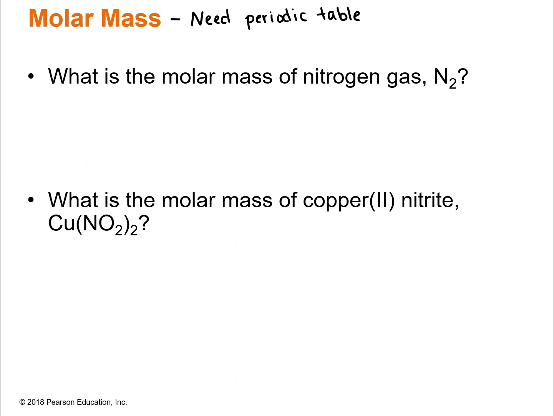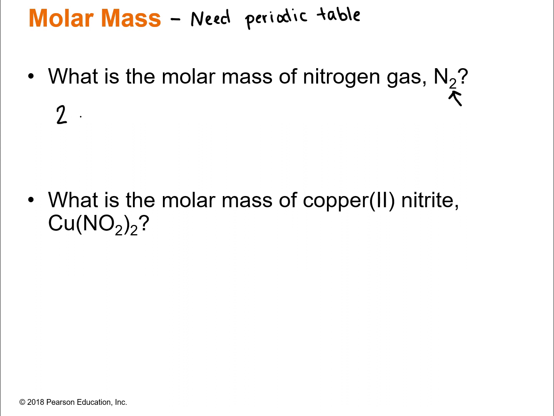What is the molar mass of nitrogen gas, which is N2, another one of those diatomic molecules? Well, the only element that we see is nitrogen, but we have two of them.